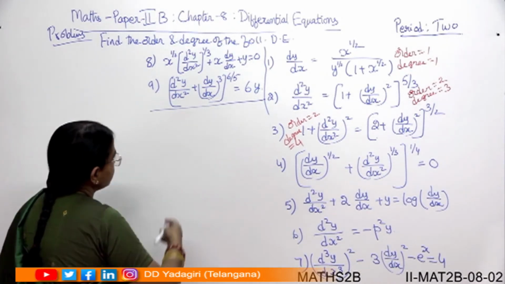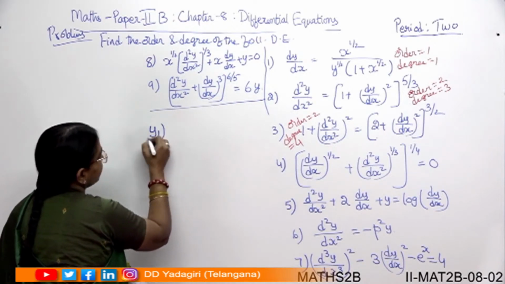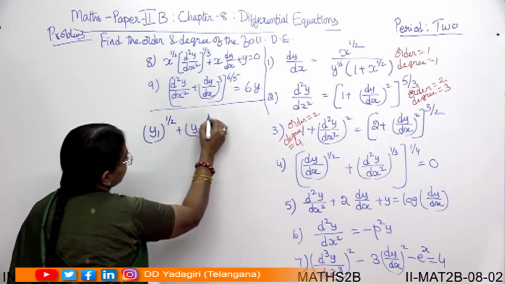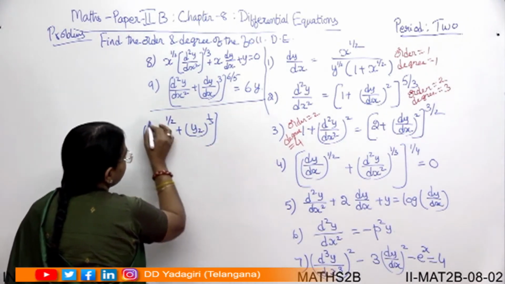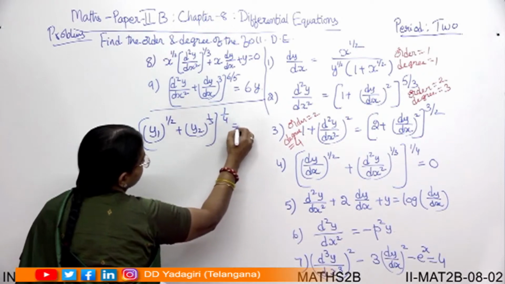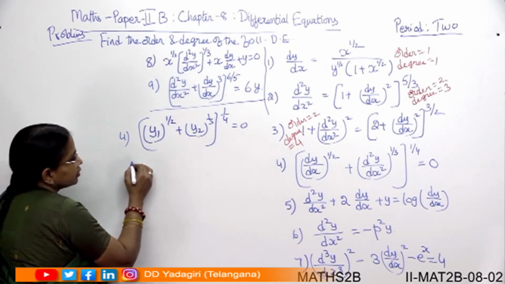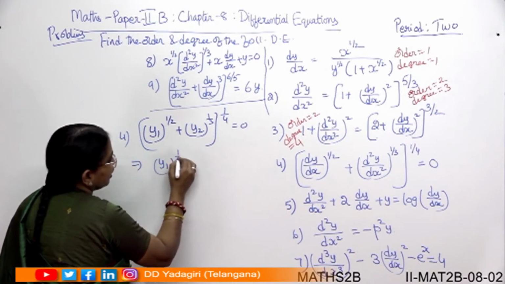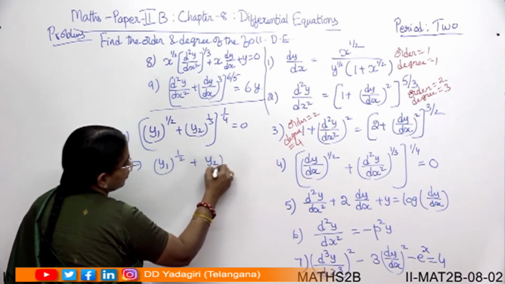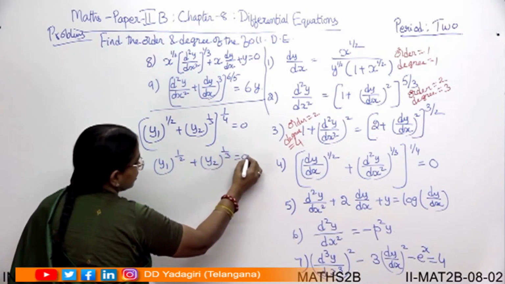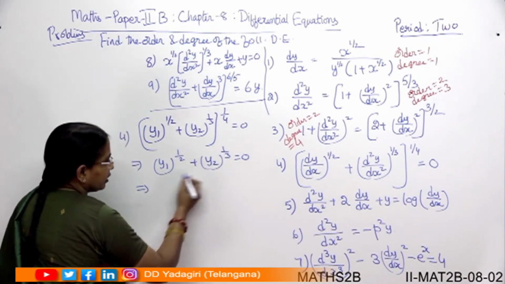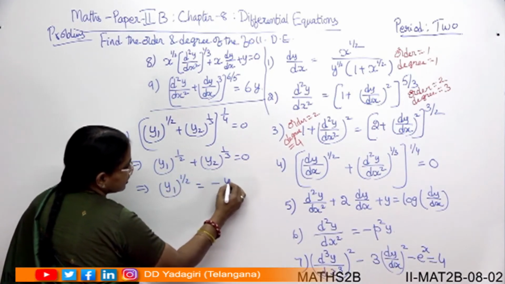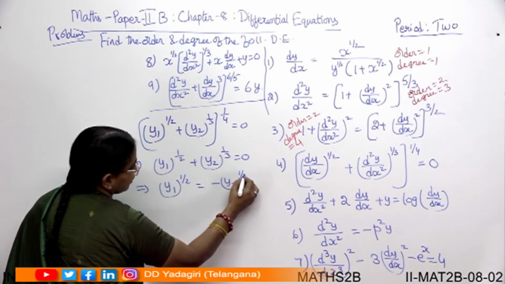So dy by dx whole to the power half means y1 power half plus y2 to the power 1 by 3 whole to the power 1 by 4 is equal to 0. This is the fourth problem. So that means when you take power as 4, then it is just y1 whole to the power half plus y2 whole to the power 1 by 3 is equal to 0. So again you take one term to that side. y1 power half is equal to minus y2 to the power 1 by 3.